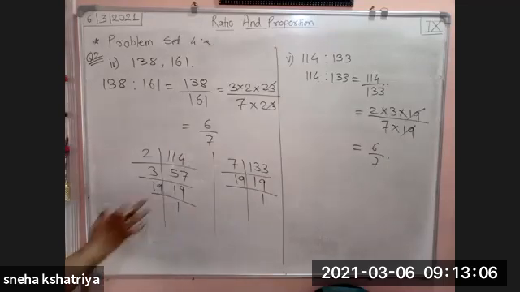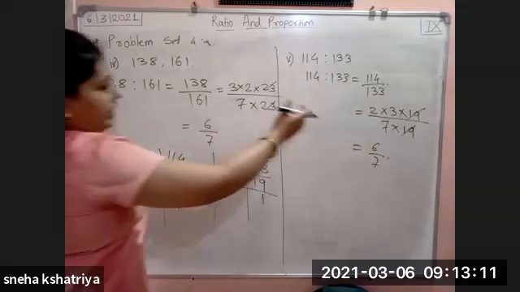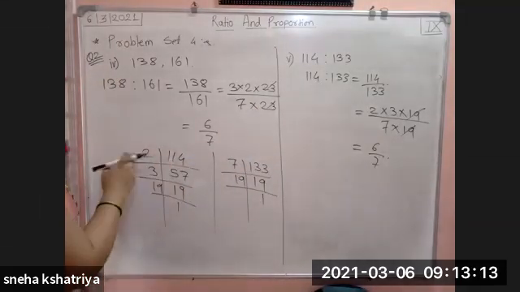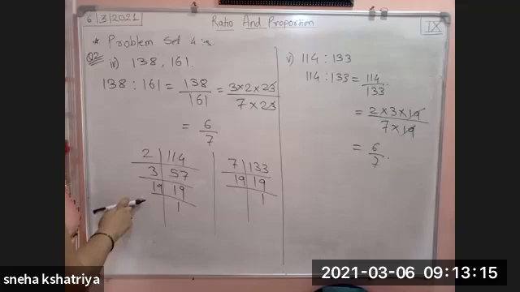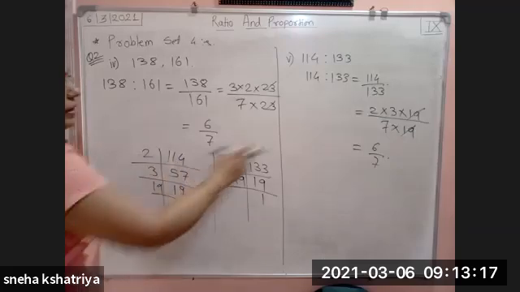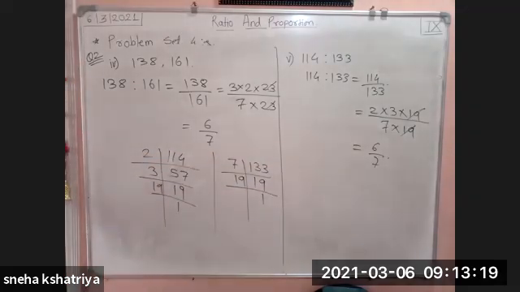See here, if you don't remember the values directly, you can find out the factors, and in the factors whatever number is common gets cancelled, and whatever remains, that is the reduced ratio. Okay. Now we will see question number 3.